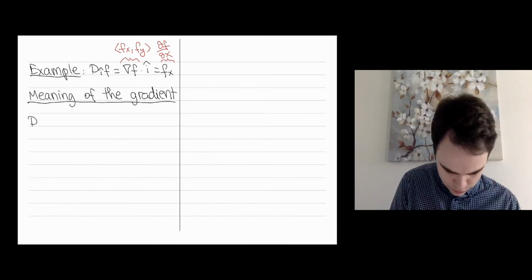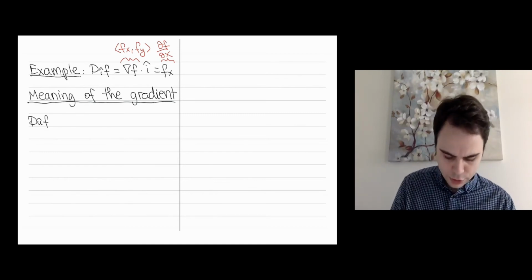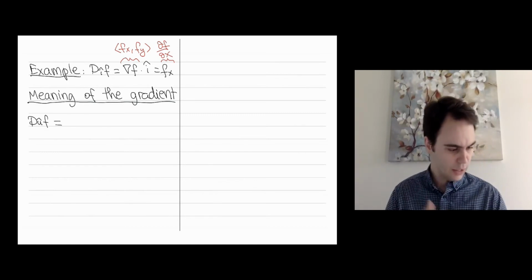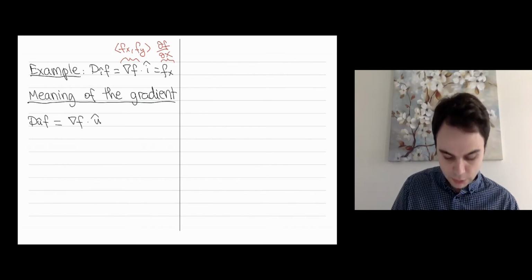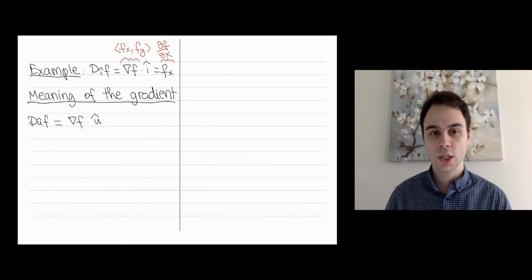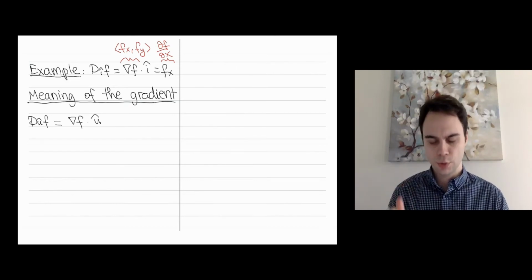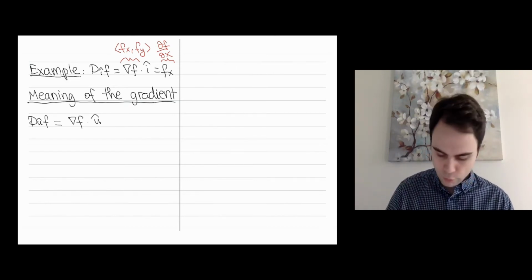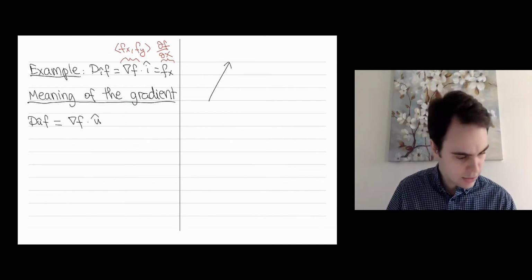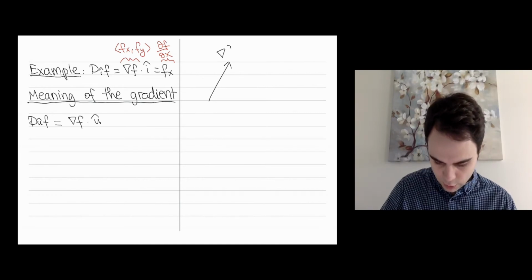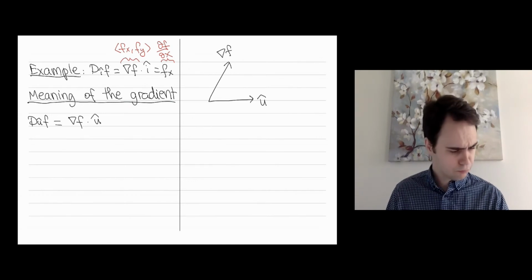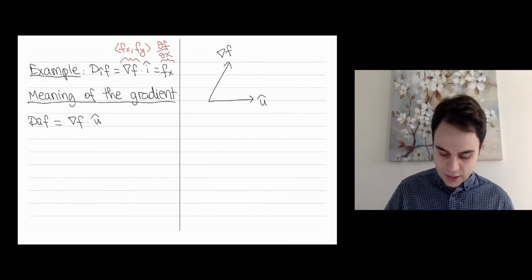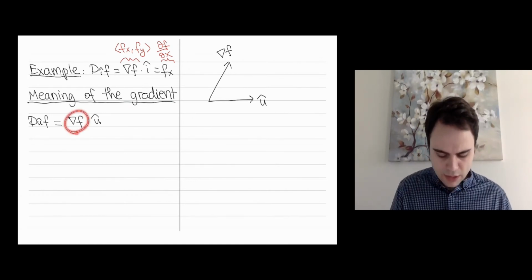Okay, so we look at the directional derivative of f, and we've just seen that this is the gradient of f dot product the direction. So we can certainly draw this, right? So let me just say that the gradient of f is this vector up here, and that u, the unit vector, is down here. And we now want to understand the gradient geometrically.